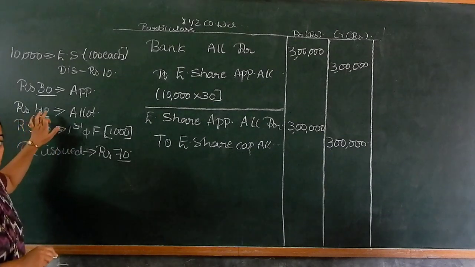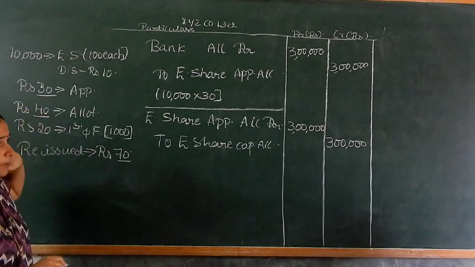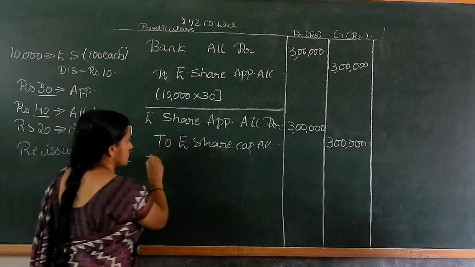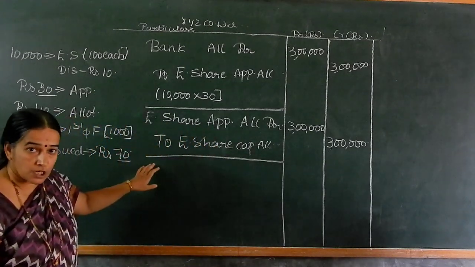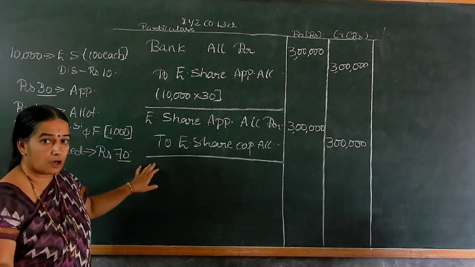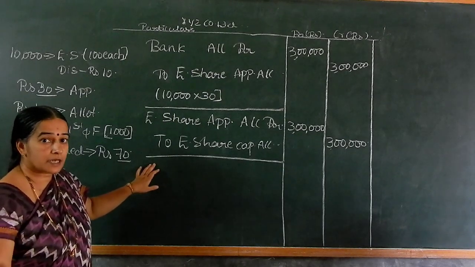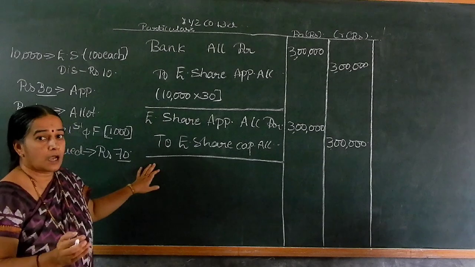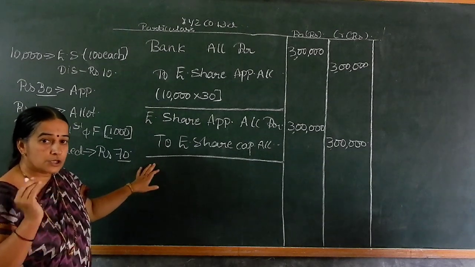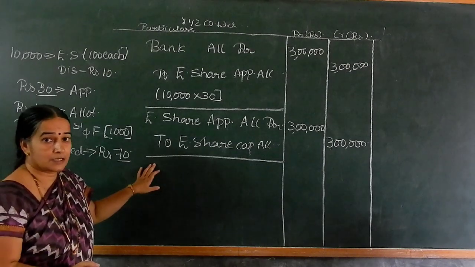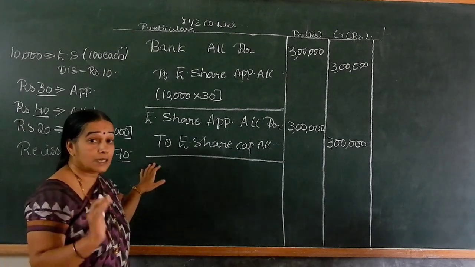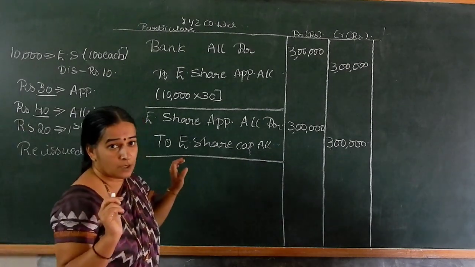Allotment money is rupees 40. When the due notice is sent to the applicants, when the shares are allotted, they will be treated as shareholders, and when the amount is due from them, they will be treated as debtors to the business till they pay the money.